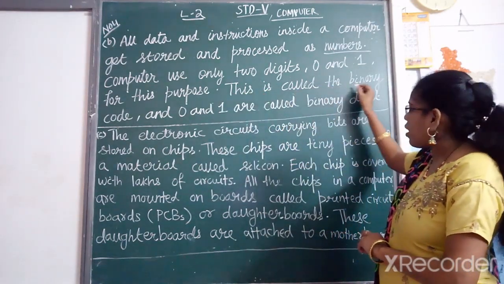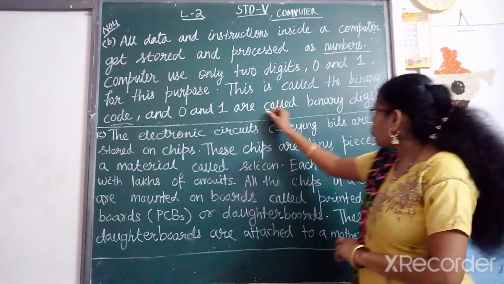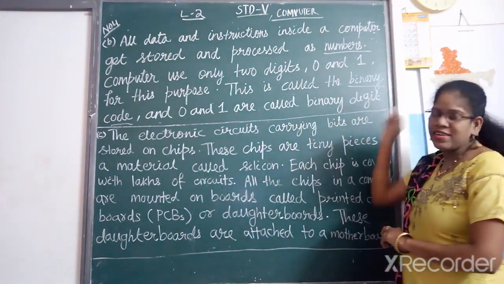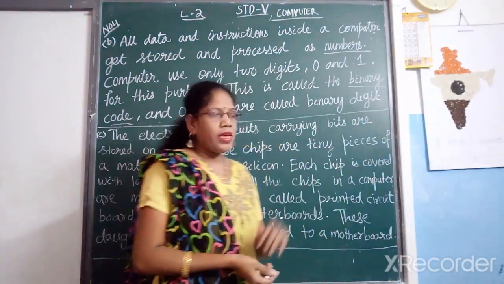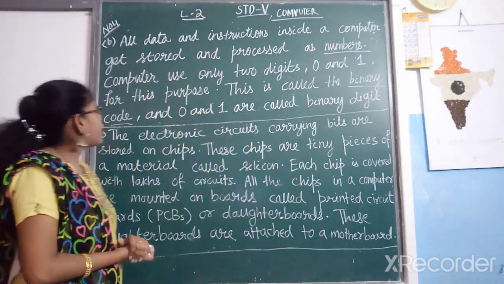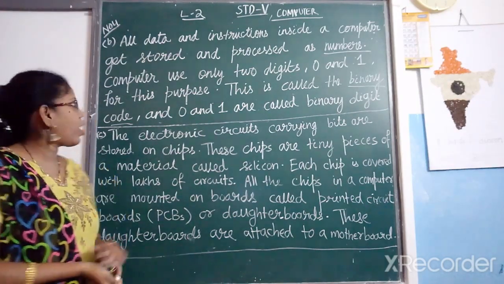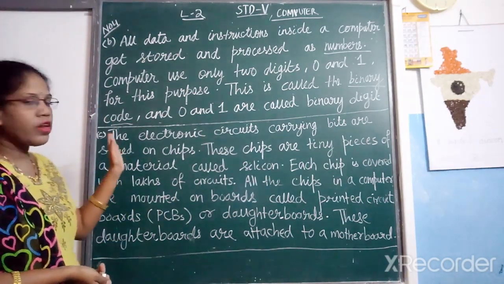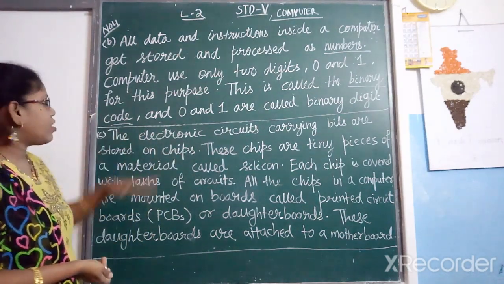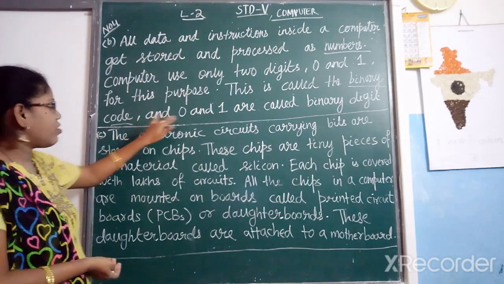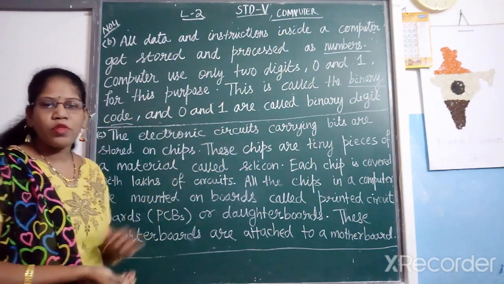This is called the binary code and 0 and 1 are called binary digits. So when any instruction inside a computer gets stored, it is processed as numbers, that is 0 and 1, and the computer can understand these two numbers only. This is called binary code and 0 and 1 are called what? Binary digits.